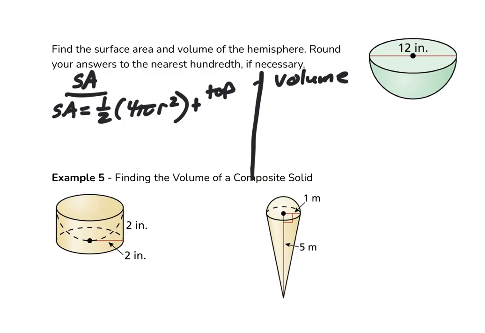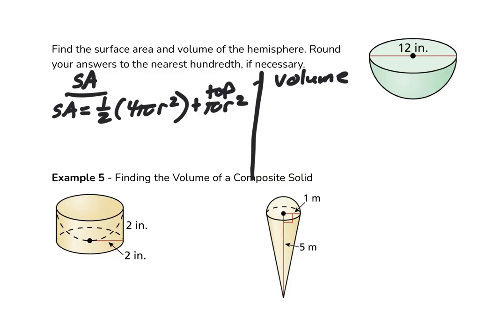If the sphere was an entire sphere, I wouldn't need to cover the top, right? But if I cut it in half, I got to cover the bottom portion, and then I got to cover the top portion. Well, what kind of figure do we have on top of this hemisphere? What is this shape right here? Yeah, it's just a circle, right? We got to cover up the circle on top. So that would be pi r squared. We got to find the area of that circle.